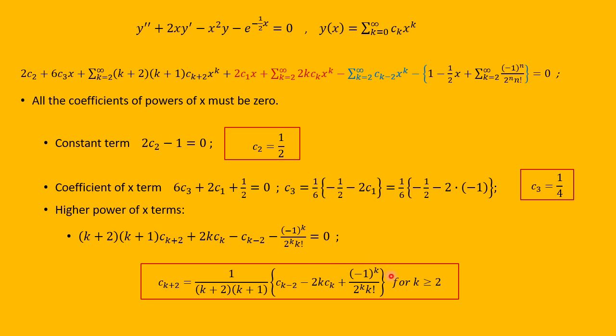And this is going to hold for k greater than or equal to 2. So we know what c0 and c1 were from the initial conditions. Here we know what c2 and c3 are. And for k greater than or equal to 2, this is going to give us c sub 4, c sub 5, and all the rest of the c values.